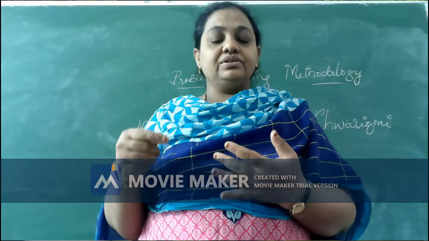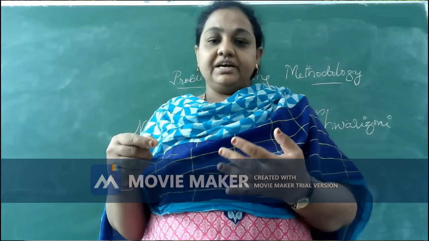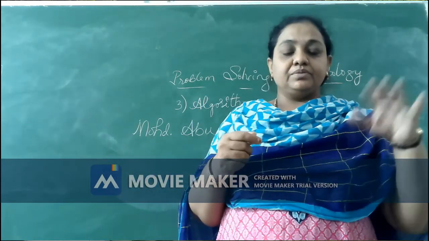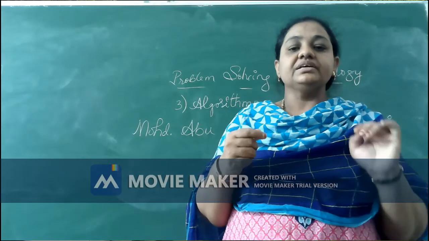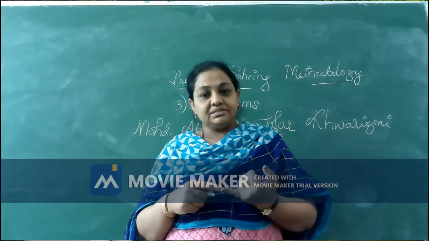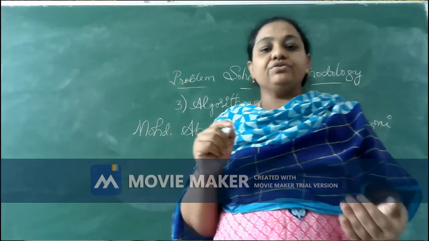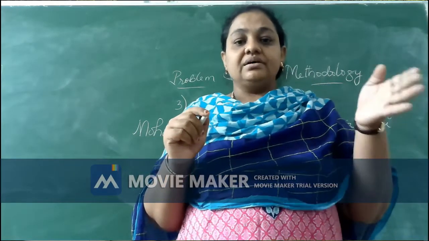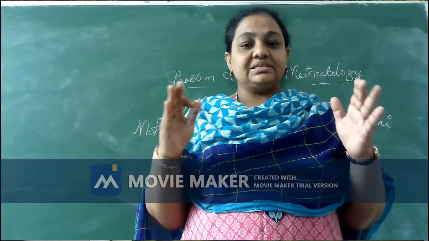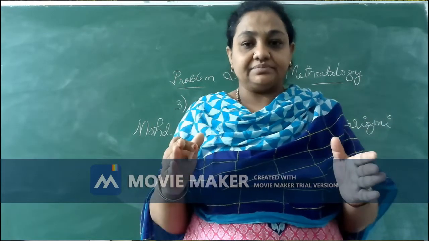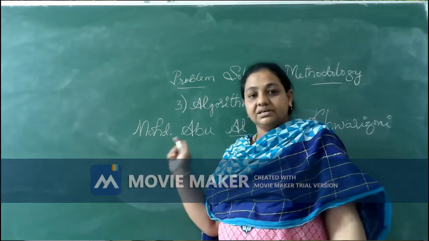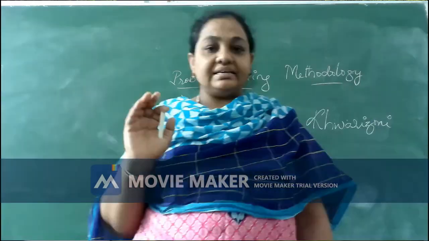Similarly, when we have a problem, the first thing is we need to understand the problem. Next, we need to think about how we can solve it. The next step is we have to write the steps required to solve the given problem.